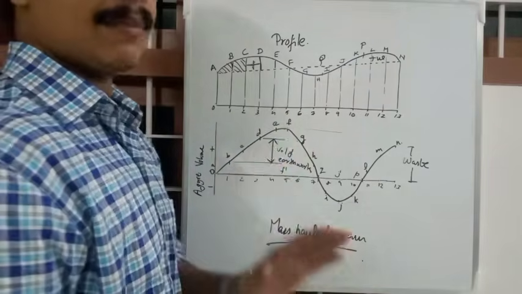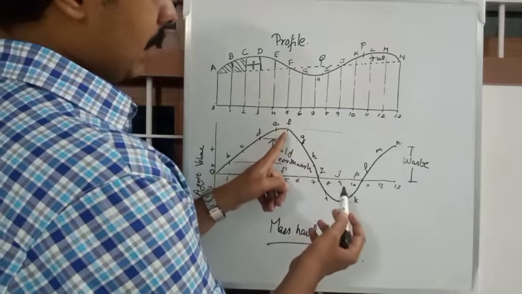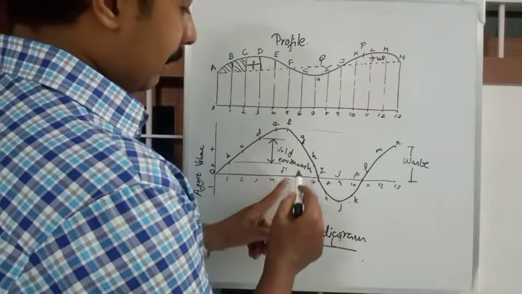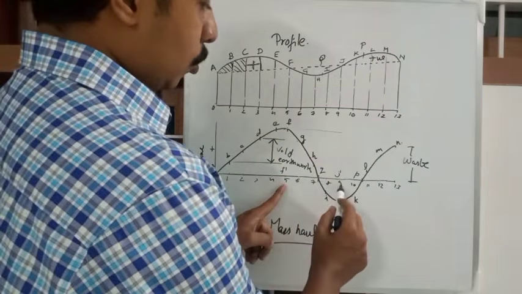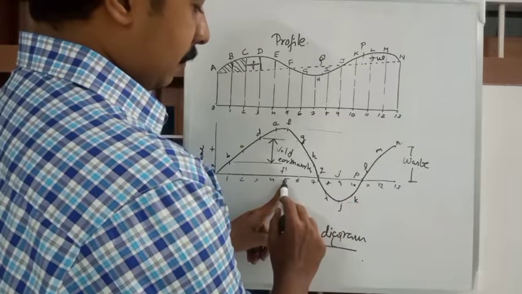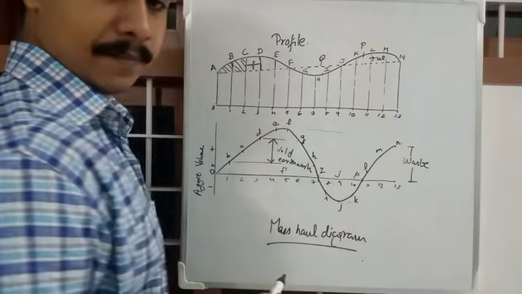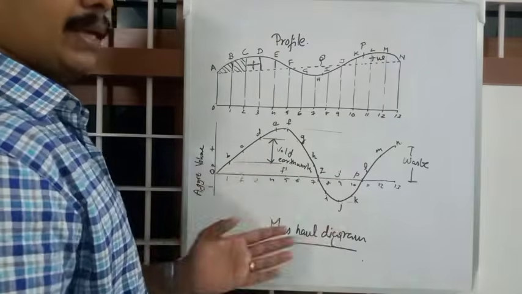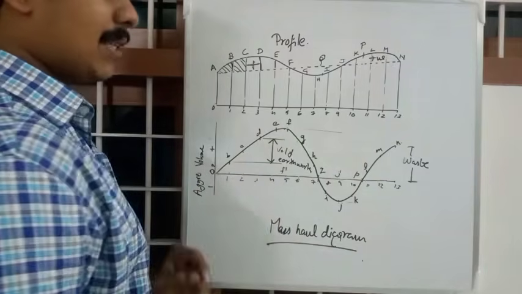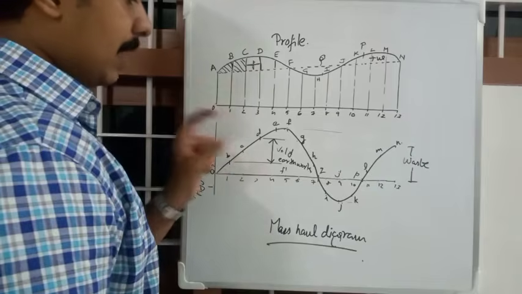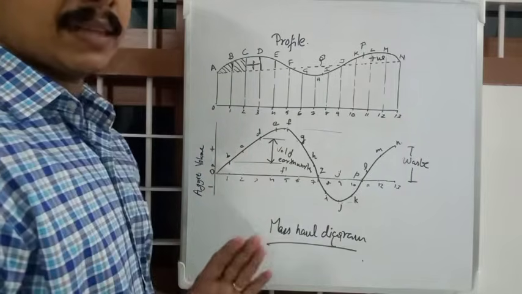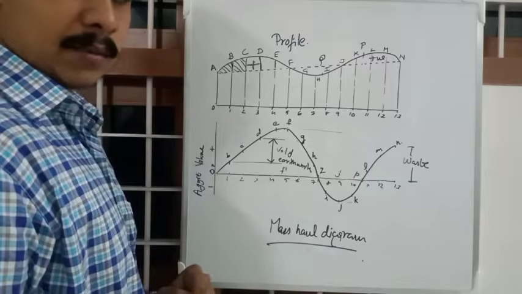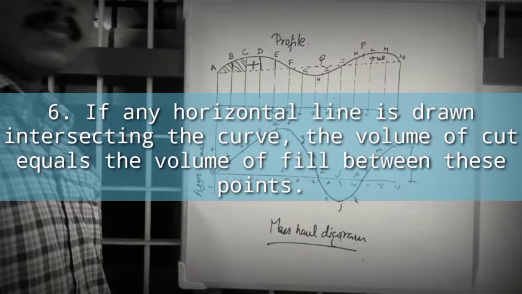That is the same as the volume of earthwork that happened between F to J, or 5 to 9. So without considering any peaks, if you take any two consecutive or intermediate points, the vertical difference between them will be the volume of earthwork. Okay, next one.